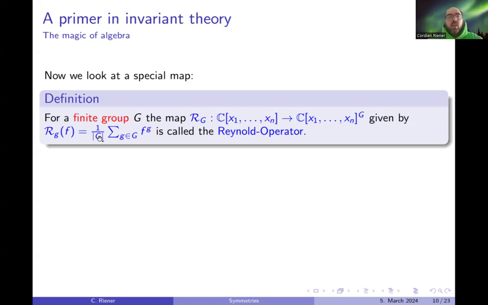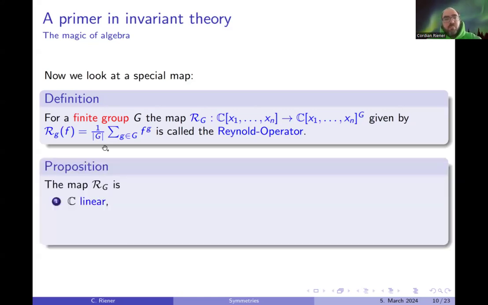Okay. So I hope the definition of this operator is fine. And let's just see three very simple properties. The first property, which is obvious, is that the polynomial ring is in particular a C vector space, and the invariant ring is a sub vector space. And this map is just a linear map.